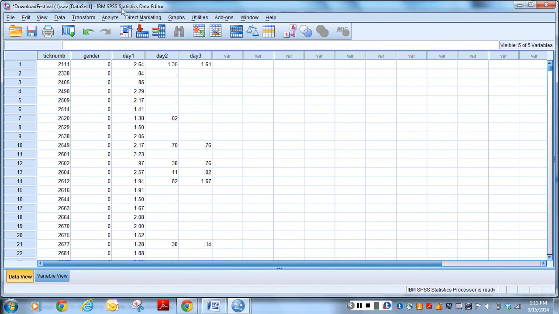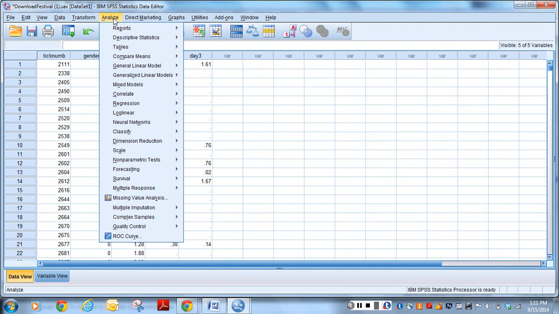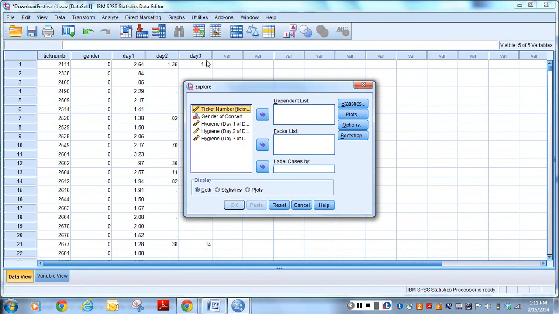If I go to Analyze, Descriptive Statistics, and Explore, again, I'm going to place all three of my variables in my dependent list.